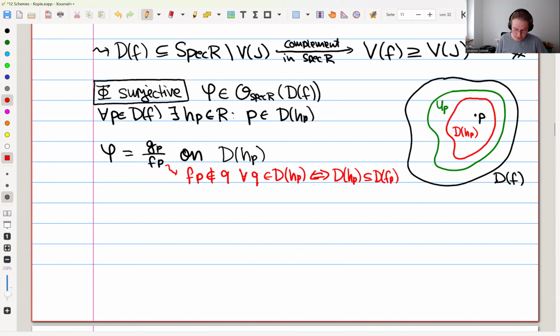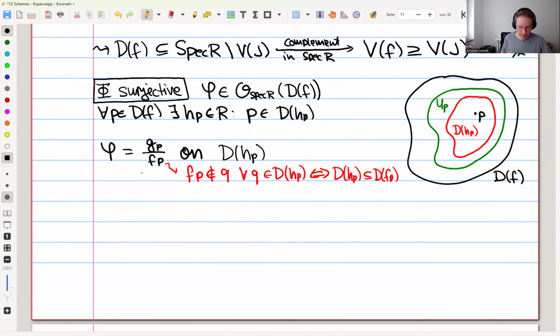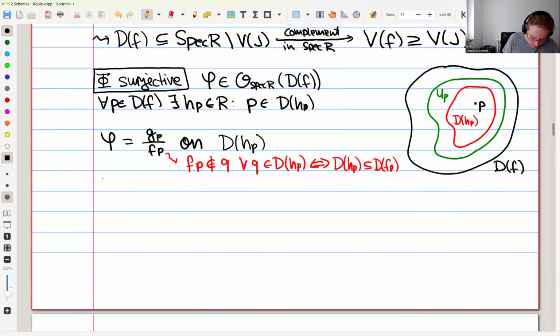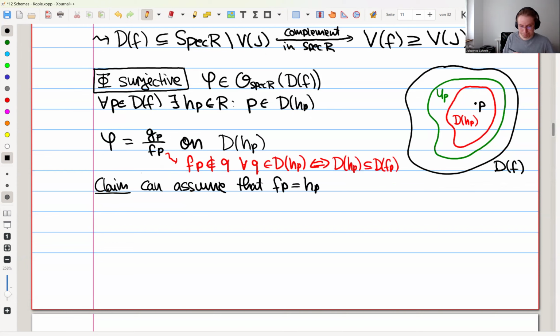So somehow now we have written this phi locally around each point as such a quotient. And the whole rest of the proof is manipulating this form in which we can put the phi and making it easier and easier. And so the first claim is that we can assume that FP is equal to HP.